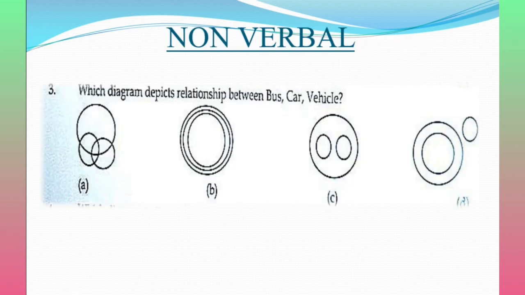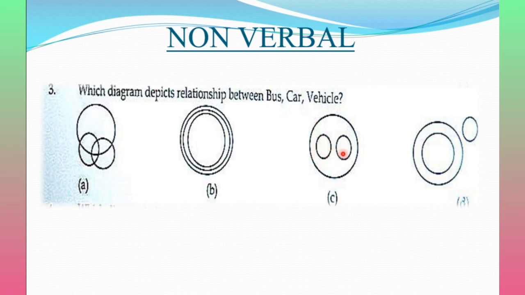Next question we have: which diagram depicts the relationship between bus, car, and vehicle? Here's option A. Guys, what do you think? Which one will be the best relationship, or the best fit answer for this question?